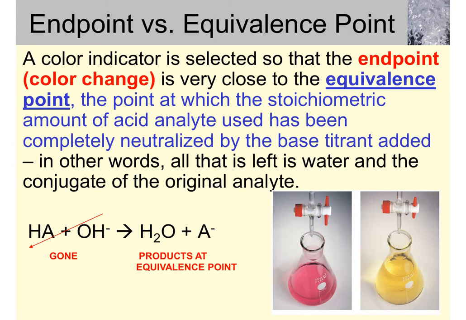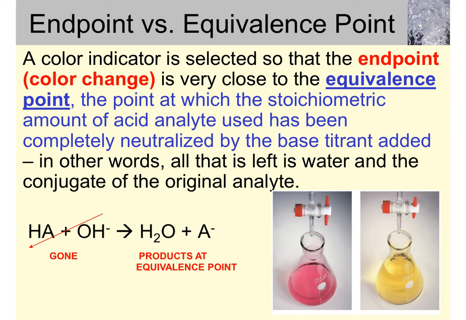So sometimes you need some way to signal that the titration is over, that the analyte has been completely neutralized, and that then you can do calculations to figure out what the concentration of it is. So sometimes in a titration, a substance is added, which is called an indicator, and the indicator changes color when you neutralize all the substance that you're titrating.